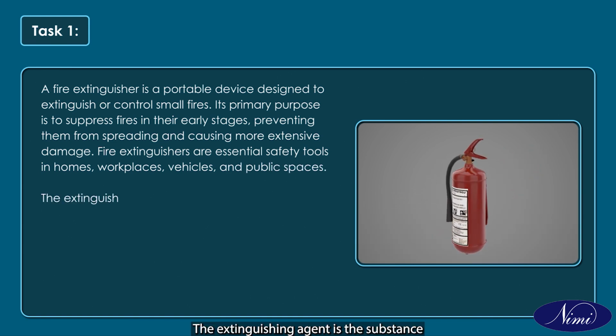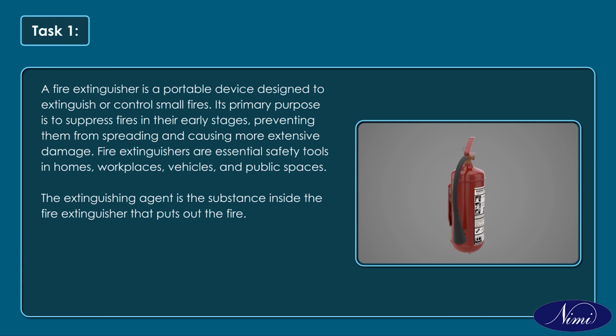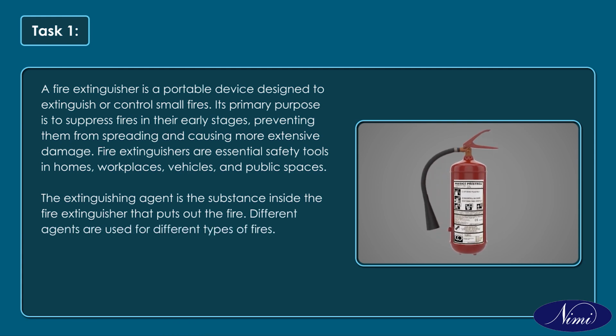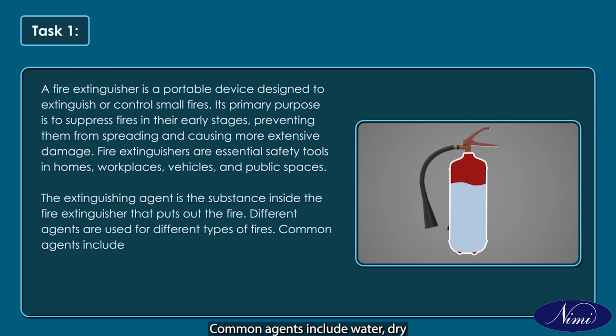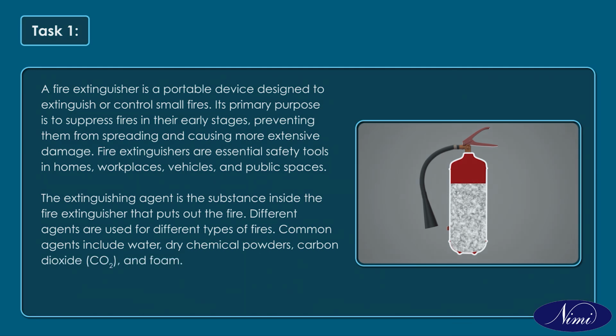The extinguishing agent is the substance inside the fire extinguisher that puts out the fire. Different agents are used for different types of fires. Common agents include water, dry chemical powders, carbon dioxide, CO2, and foam.